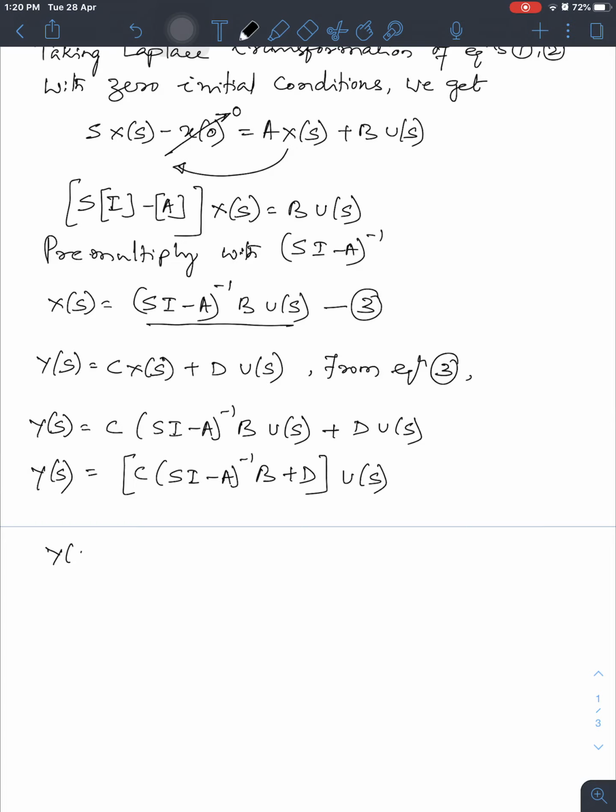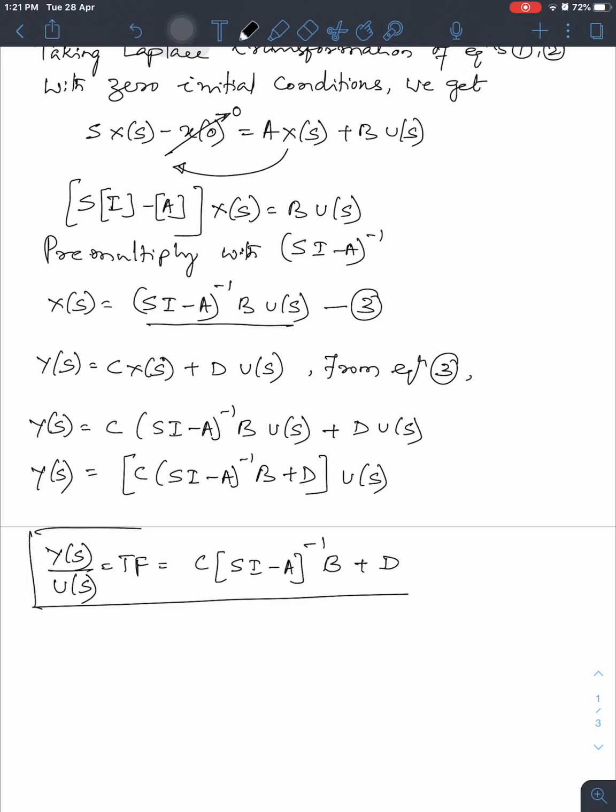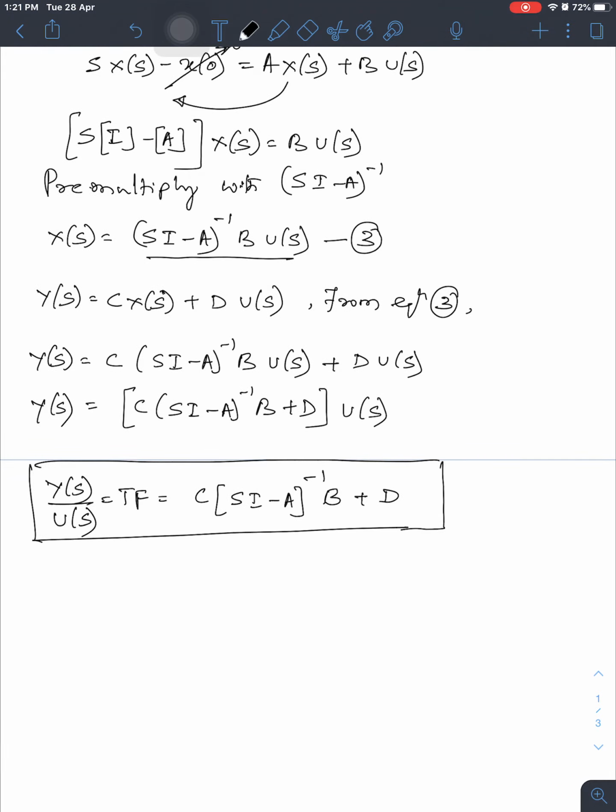Y of s to U of s, which is the transfer function, is equal to C into (sI minus A) inverse multiplied with B matrix has to be added to D matrix to get the overall transfer function. It is a simple derivation of elimination of the unwanted things from the two given equations. That's all. So we have the transfer function before us.